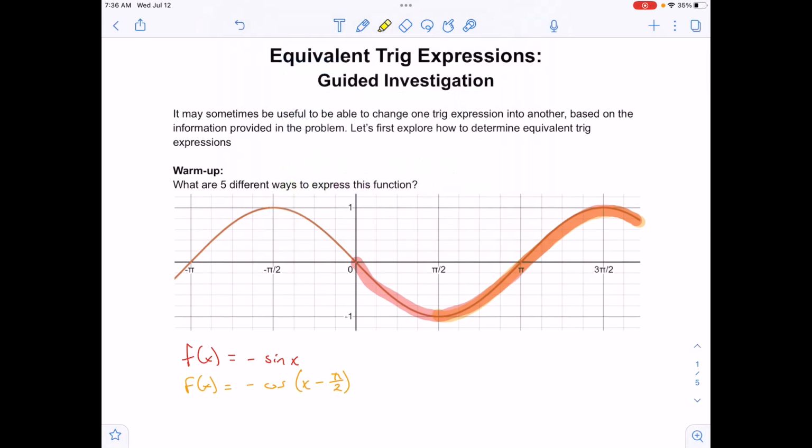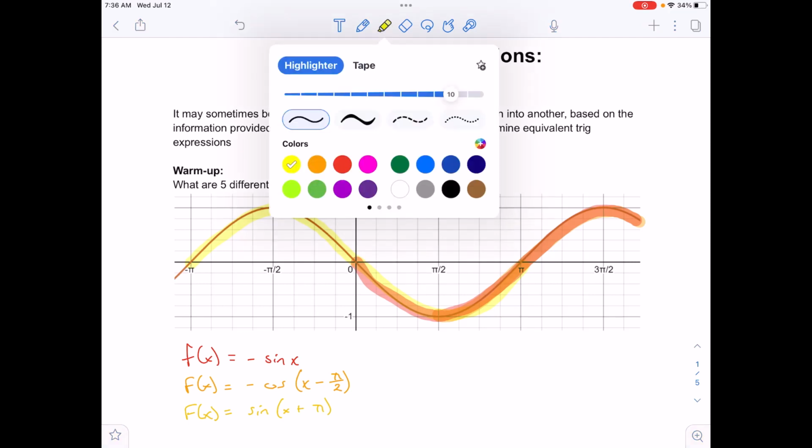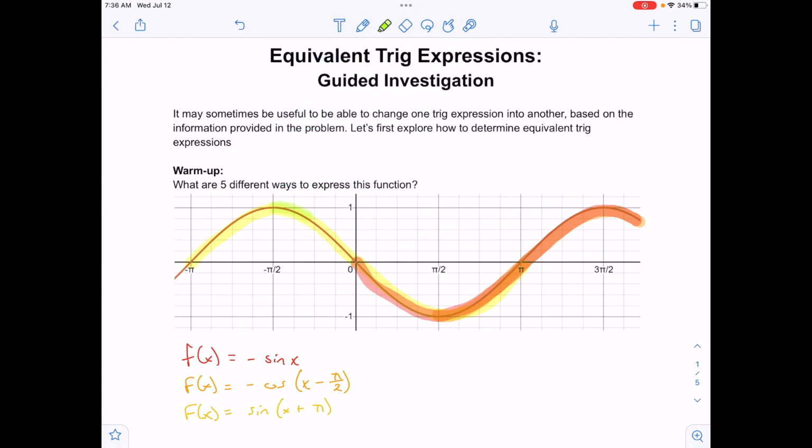A third, let's see how many we can do here. I could do a sine graph that starts at negative pi, right? So that's a normal sine graph. It's just been shifted pi to the right. I could do a positive cosine graph here.